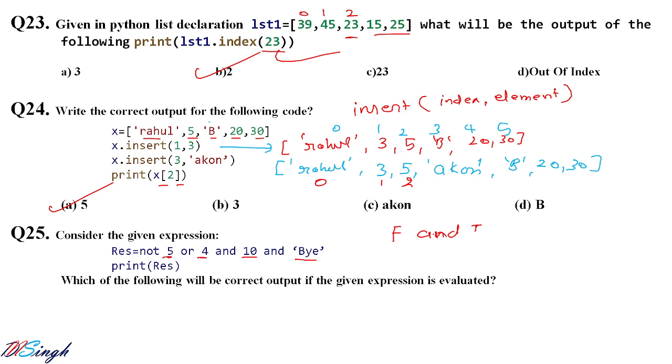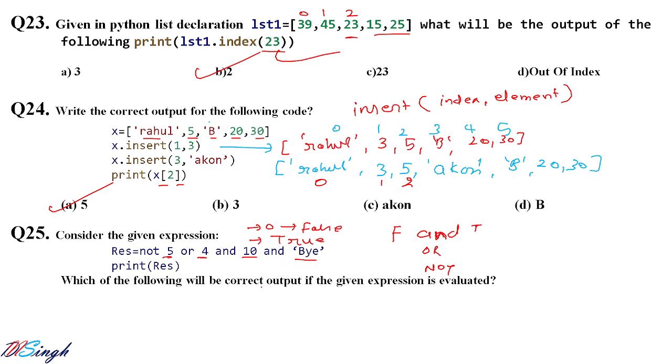What if I give integers? For integers, keep in mind that 0 is false. Remaining all values are considered true for integers. So anything other than 0 will be considered true.